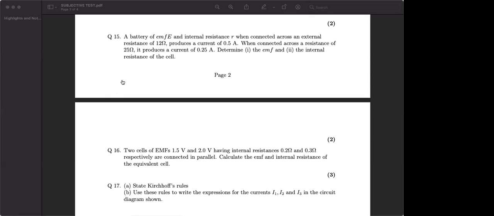Nabil, Akshay, Alia, Saifullah. Sir, should we send in PDF form? Yes, you should send the PDF on our WhatsApp group. In the group or personal?